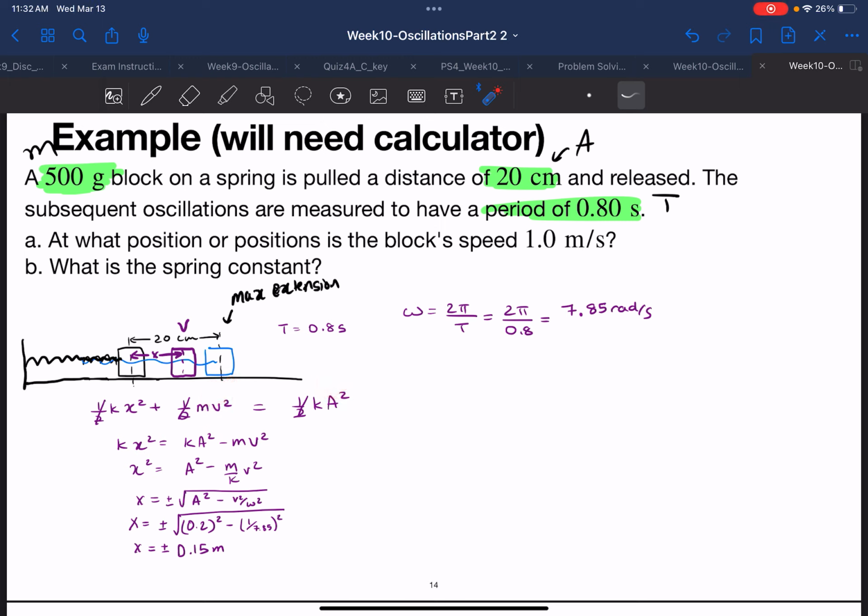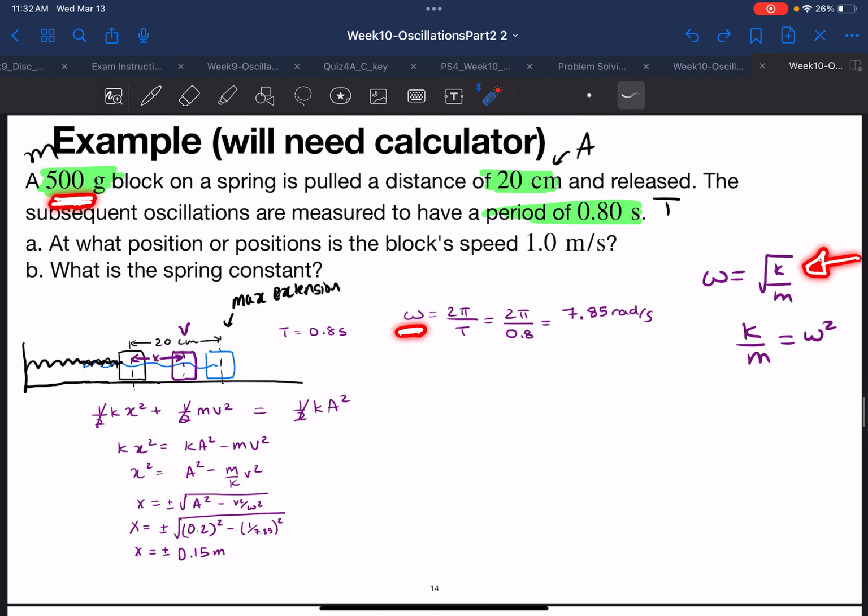And since we know omega, instead of plugging in a k, we can use that omega is root k over m. So if I can get k over m in my equation rather than just k, we know that's equal to omega squared. So I can use omega to plug in for k. Alternatively, you can use omega and the mass to directly solve for k if you prefer doing that.